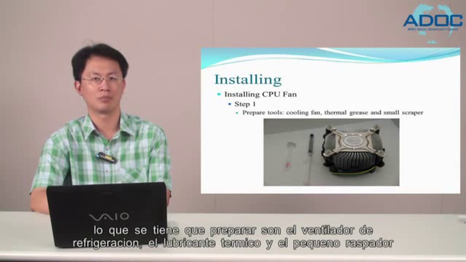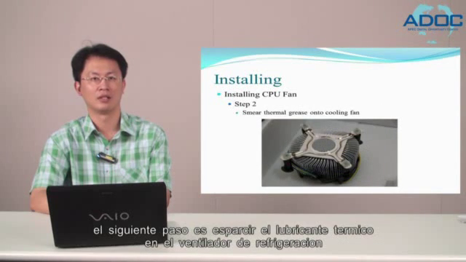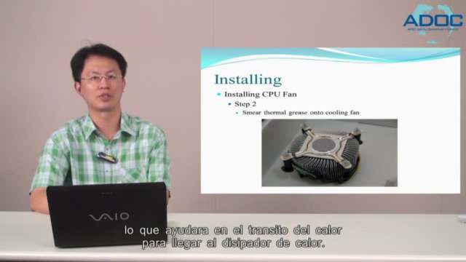What we need to prepare are a cooling fan, thermal grease, and a small scraper. The next step is to smear thermal grease onto the cooling fan. That helps to transmit heat to the heatsink.